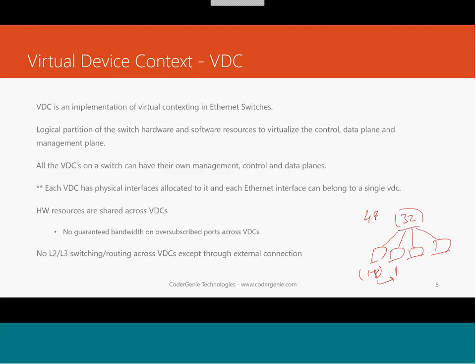So the hardware resources like the memory and the backplane bandwidth are all shared across the VDCs, right? Based on the line card allocation or the resource allocation that you have done for the VDC. To some extent, you can control what resources you allocate, like how many VLANs you can create, how many VRFs you can create, how many port channels you can create, what kind of line cards you want to allow in a particular VDC.